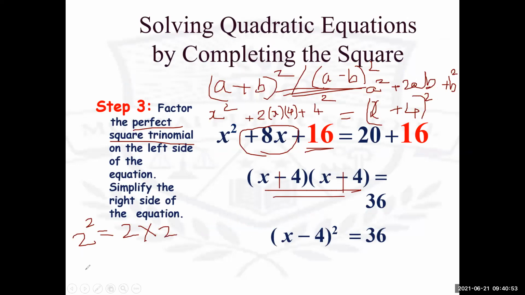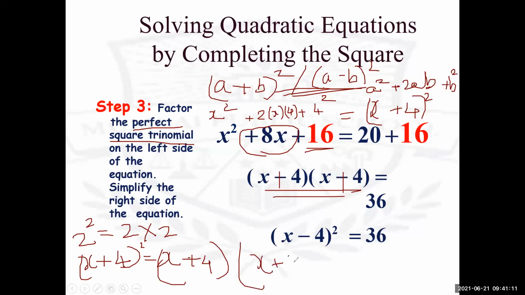So x plus 4 into x plus 4 equals 36. Now you want the value of x, not x plus 4 the whole square. So what you're going to do is remove the square, by taking the square root.